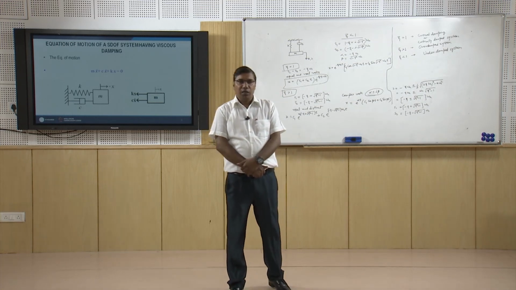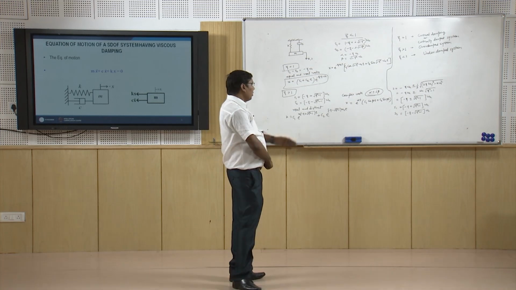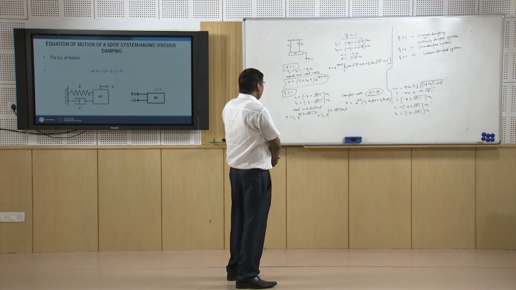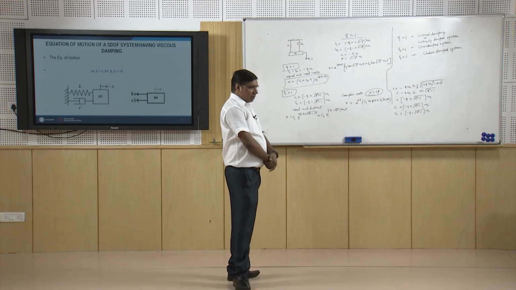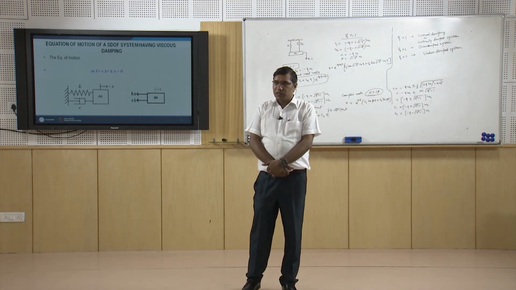So we see that in these three different conditions of damping, that is critical damping, overdamping and underdamping, the response of the system is different, because from the expressions of the response x, we can see that the response is governed by different equations.